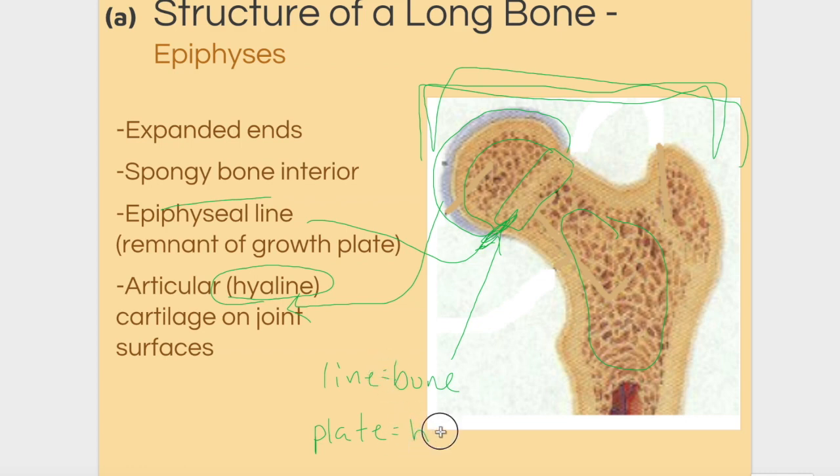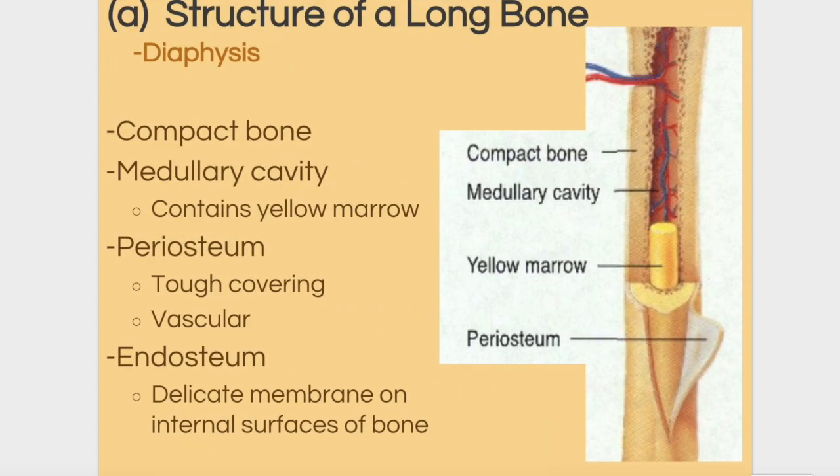It's actually made up of hyaline cartilage. So it's a major distinguishing feature that allows us to determine whether a bone is that of a child or that of an adult.